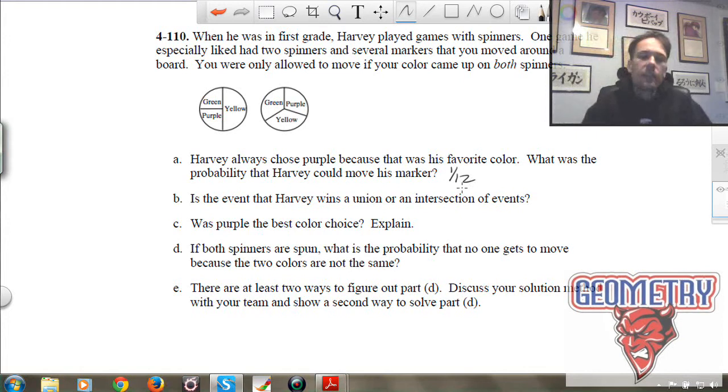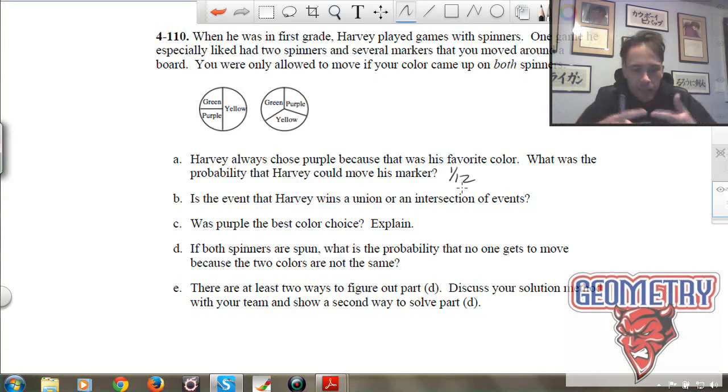Is the event that Harvey wins a union or an intersection of events? It's going to be an intersection because it requires it to be for both spinners. If it was a union, then it would be the purple probability of one plus the purple probability of the other, so 1/4 plus 1/3, but that's not what's happening here.